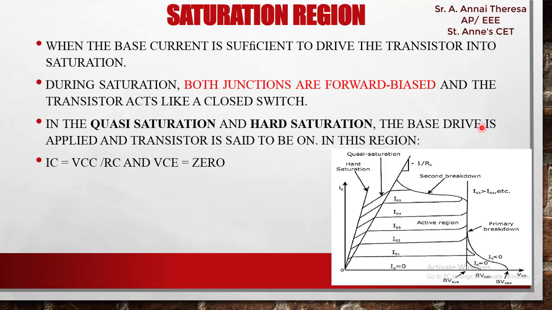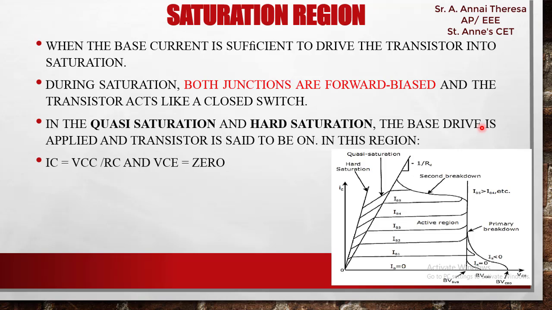In this region, the device offers low resistance compared to the active region, so the power loss is less. The device does not go into deep saturation, so it can be turned off quickly, and therefore we can use this region for high frequency applications.